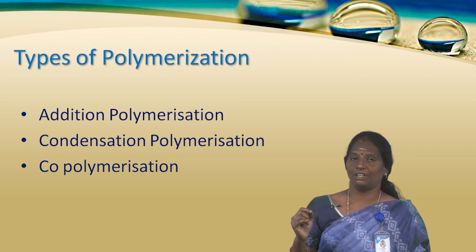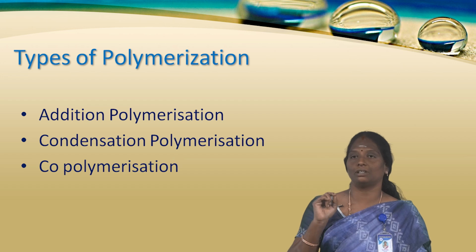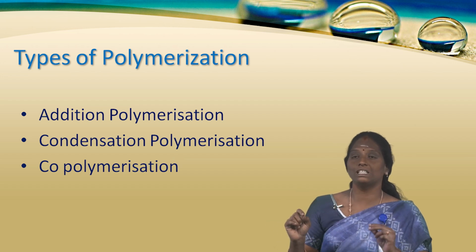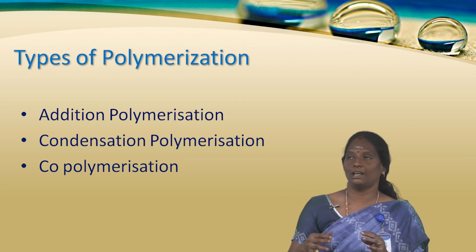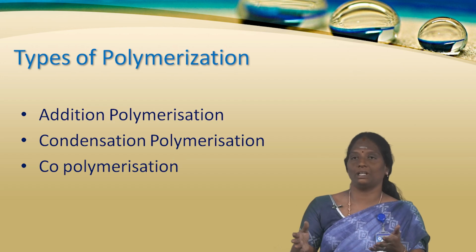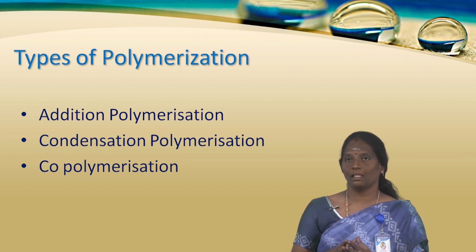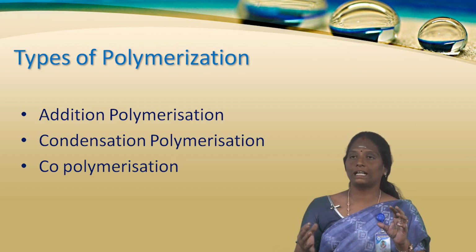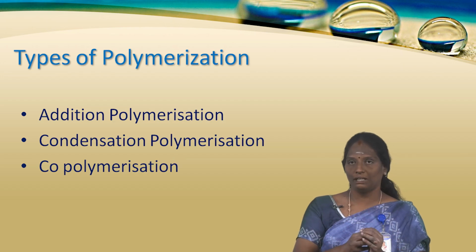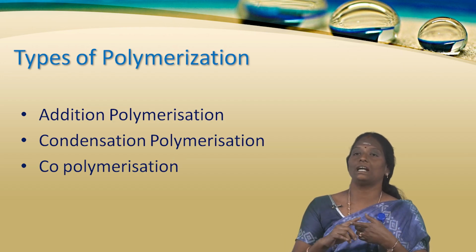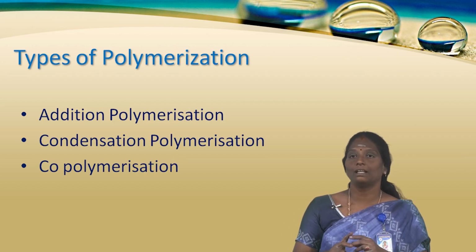Monomers having double bond or triple bond, that means multiple bond, undergo addition polymerization. Monomers combine to give polymer through addition reaction without elimination of any smaller molecules.